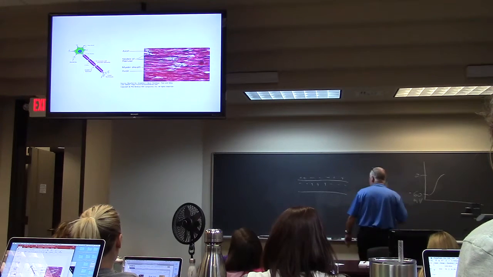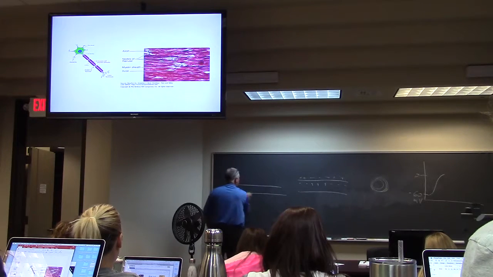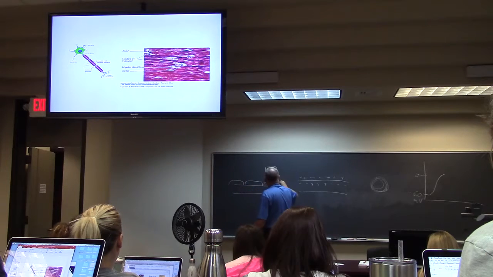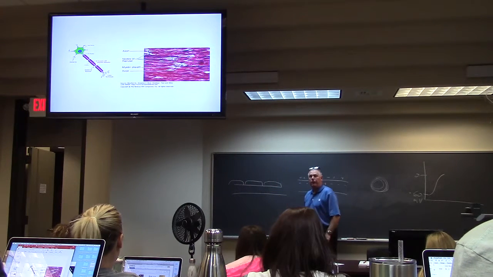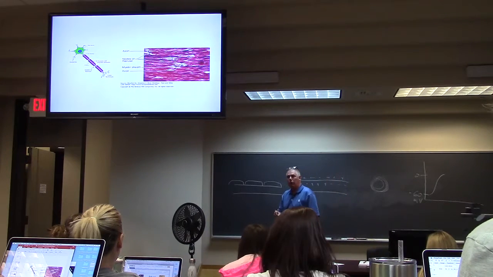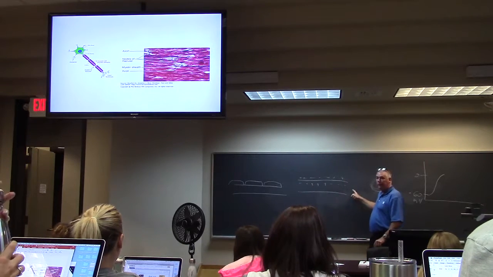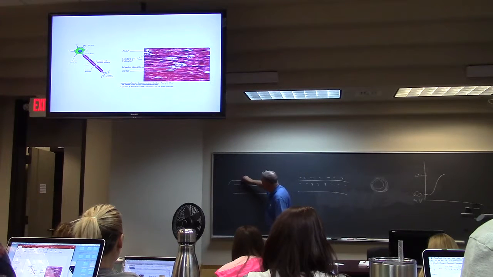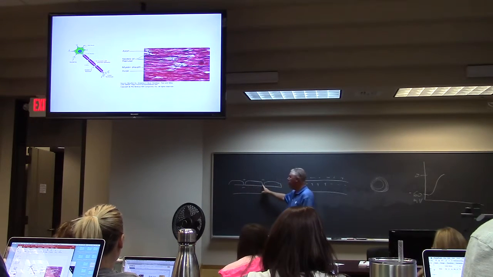Another way, somebody came up with this clever thing here, is we're going to put these Schwann cells in the way, and saltatory conduction occurs not by movement like this, but by the change in membrane potential jumping from node to node.